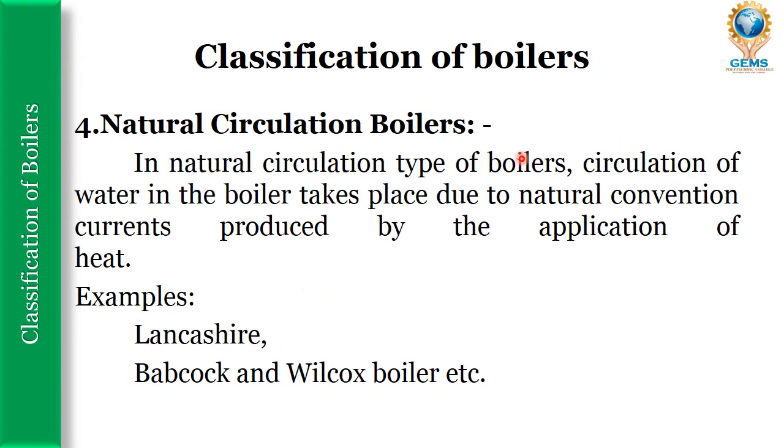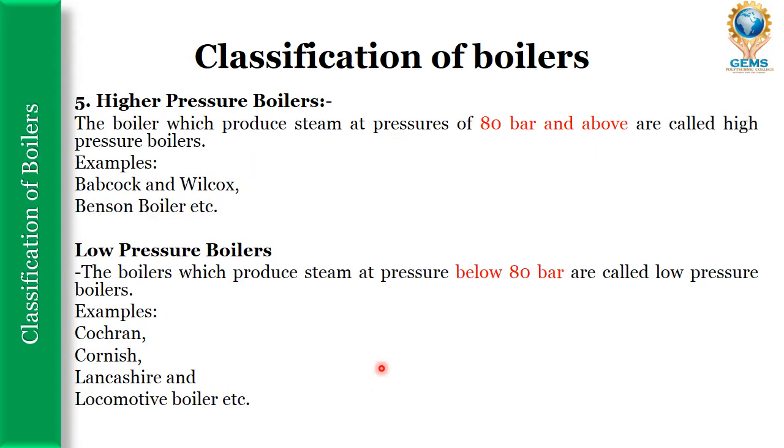And the natural circulation boiler. In natural circulation type of boilers, circulation of water in the boiler takes place due to natural convection currents produced by the application of heat. Examples for this type of boilers are Lancashire boiler and Babcock and Wilcox boiler. And there are high pressure and low pressure type of boilers.